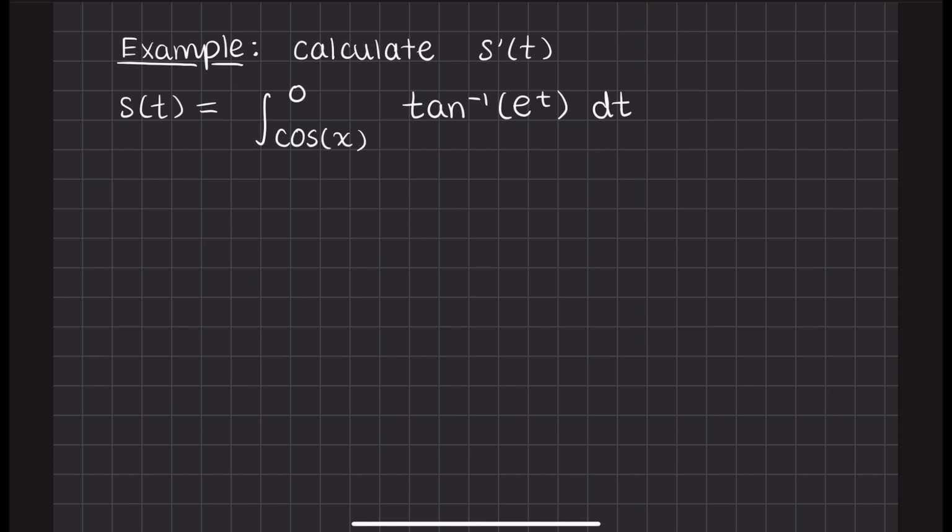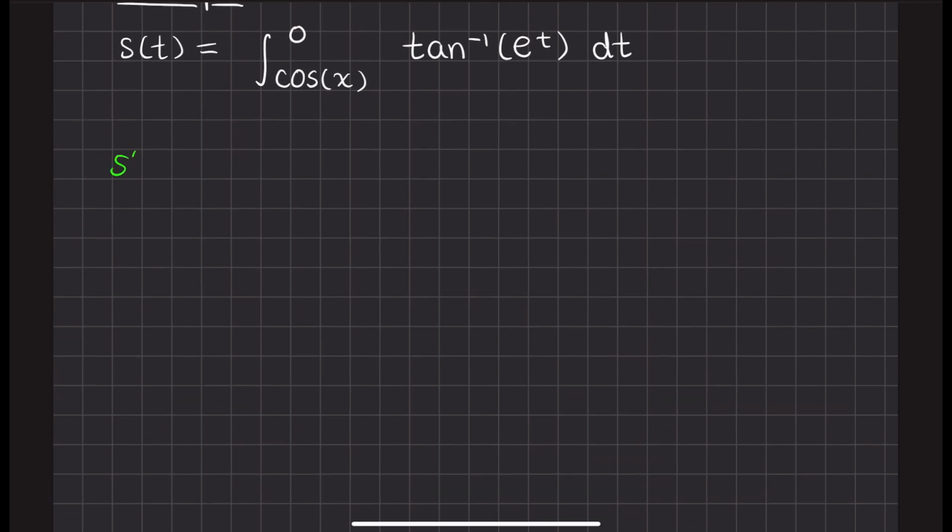But the other thing is that these bounds, if we want to apply fundamental theorem of calculus part 1, kind of using it like a formula, we need to swap the bounds so that we go from a constant to our x or our function of x. So we can start writing out s prime of t equals d dx of this integral from cosine of x to 0 of arctan e to the t dt.